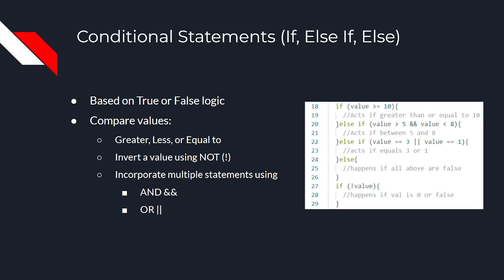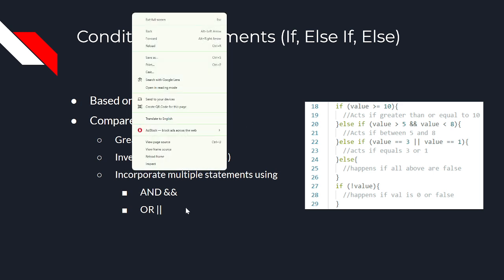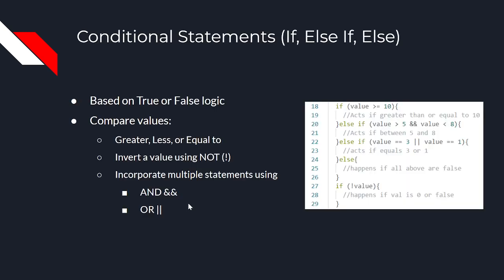Also, if you want the opposite of the output, you can use a not to invert the output. And you can combine multiple statements together into a longer, more complex statement by using and or or.